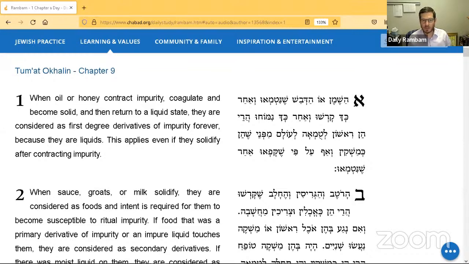And we're also going to recall a principle with regard to a minimum size of a food product that may itself be susceptible to ritual impurity, but will only transfer if it has a minimum size. Those are the principal themes in today's lesson, and we will go through the halachot.